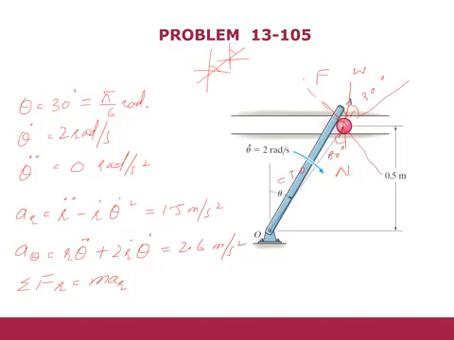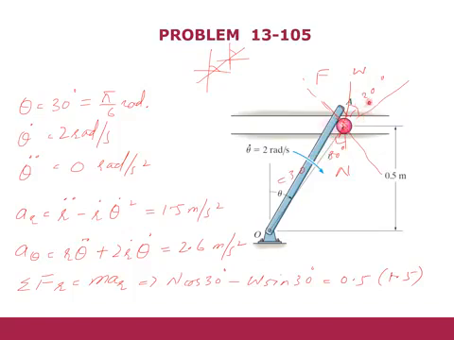That is why we have the forces N cos 30 degrees minus weight times sine 30 is equal to 0.5, which is the mass, times 1.5. You can see that this is the N, and if you draw it, it is in the upward direction.